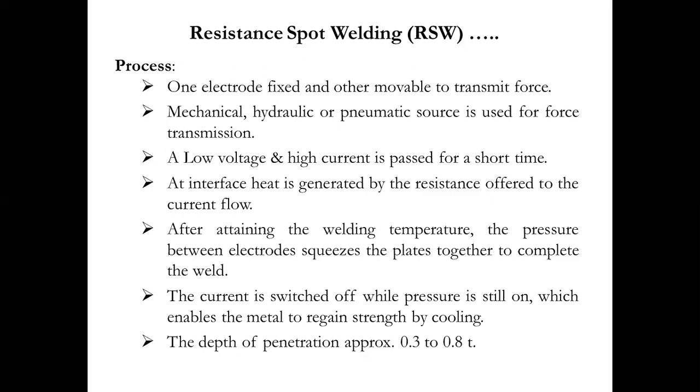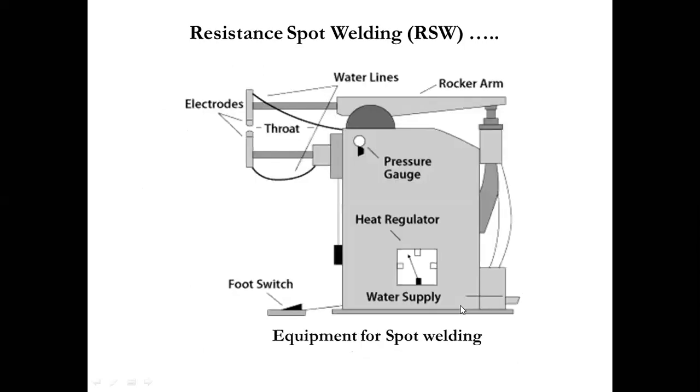After that, the current is switched off. Then you will apply the pressure. By applying the pressure, both pieces are fused and stuck together, and it creates a spot, right? So this is the rocker arm mechanism. You will put your foot here, you will apply it, and this is the mechanism.